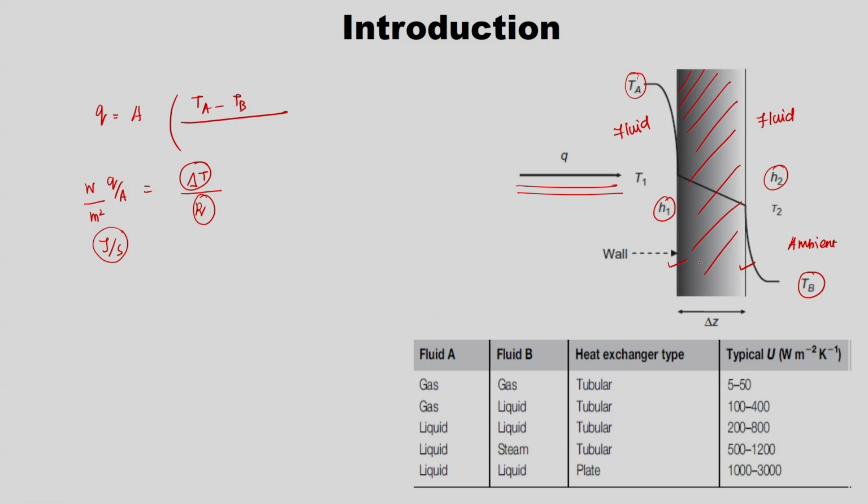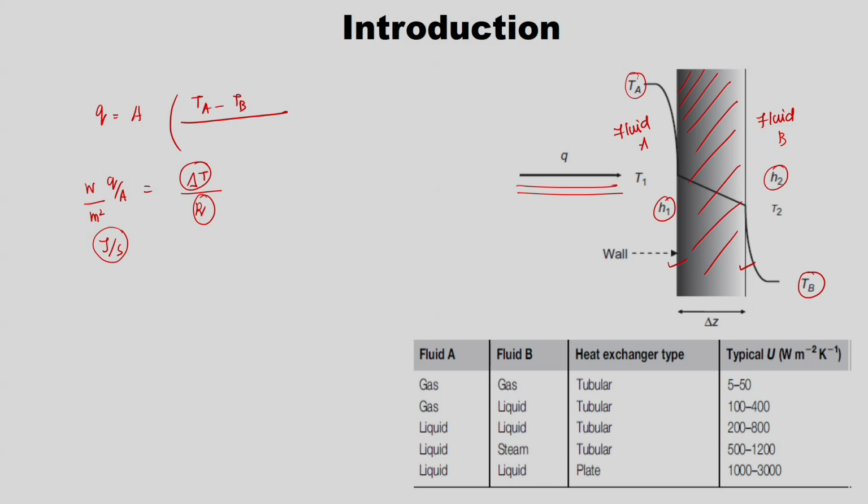So, this is the heat exchanger wall. One fluid resides this side, another fluid resides that side. So, H1 is the heat transfer coefficient of this particular fluid A, and H2 is the heat transfer coefficient of fluid B, and the temperature T1 is at the wall near the fluid A side, T2 is the temperature in the wall near the fluid B side, right. So, TB is the temperature of fluid B, and TA is the temperature of fluid A.